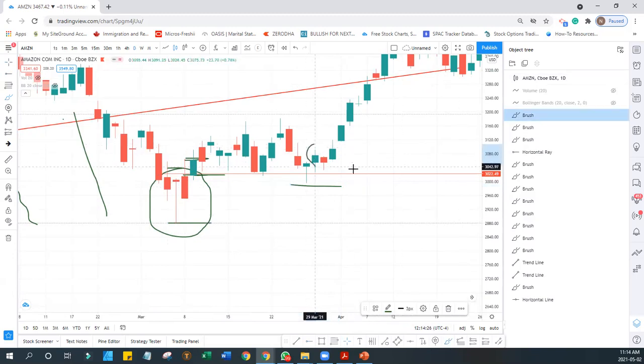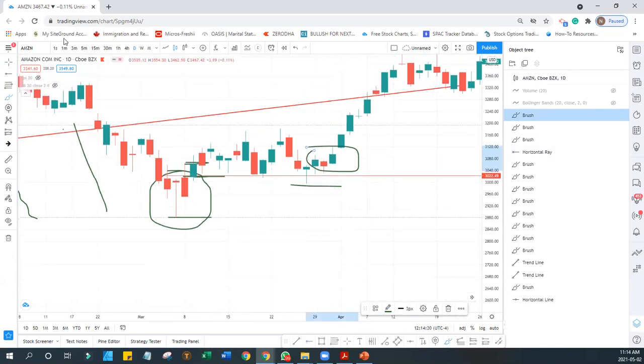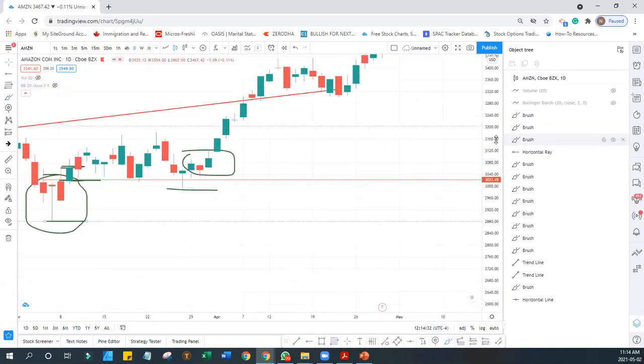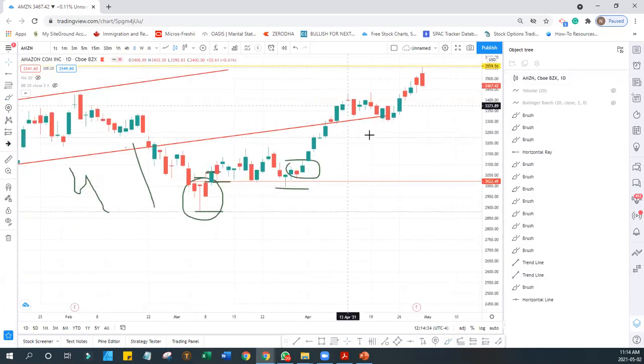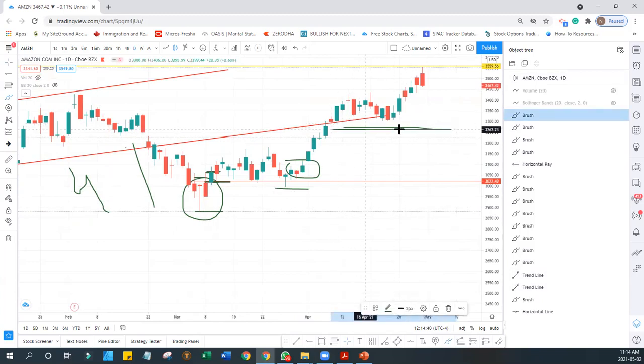Because you don't know what's going to happen here. Now, once your price goes up, it broke the trend line. Now, if you have Amazon, this will be more of a support area. Does it make sense?